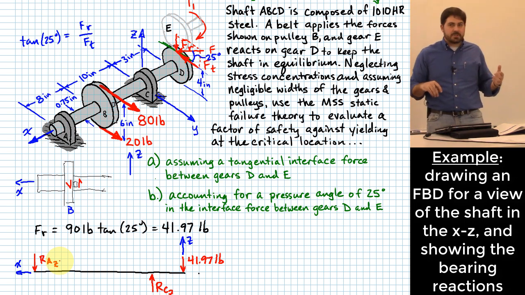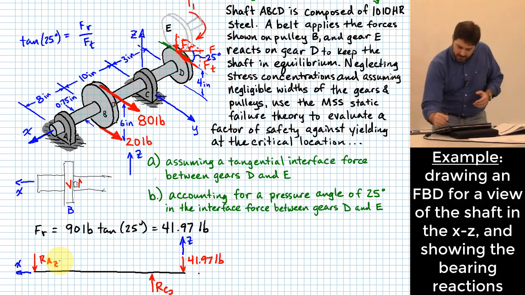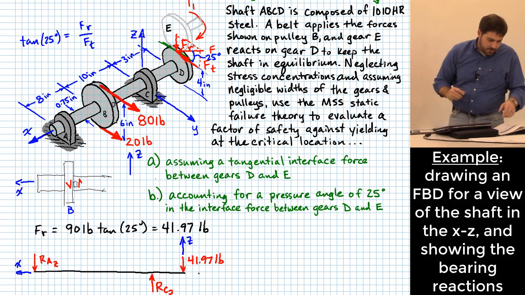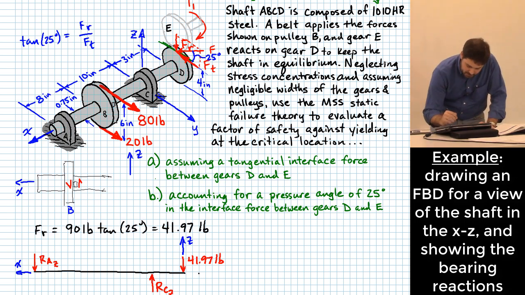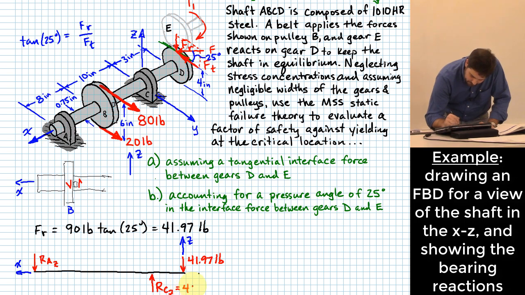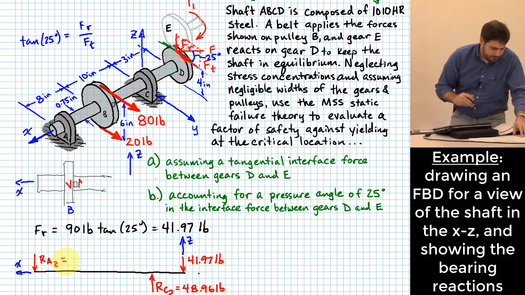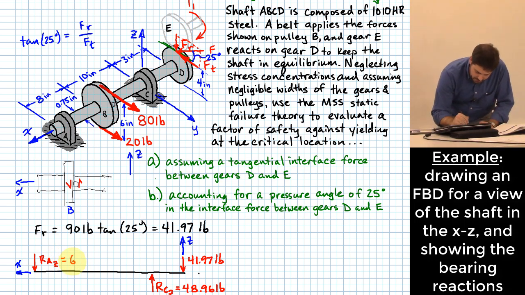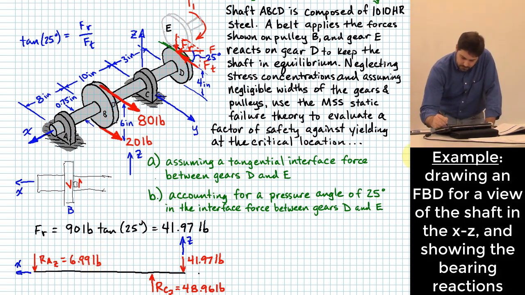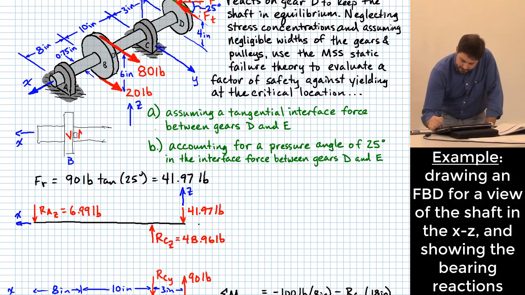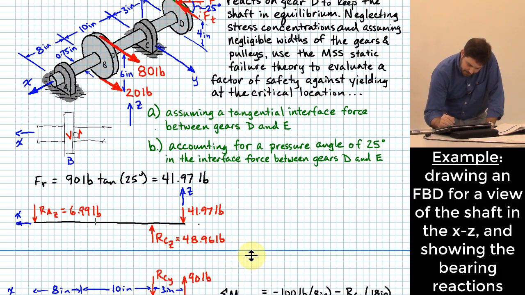Is that the best use of our time? If you'll trust me, I will tell you that RCZ is 48.96 pounds, and RAZ ends up being 6.99 pounds. So what do I do with that?